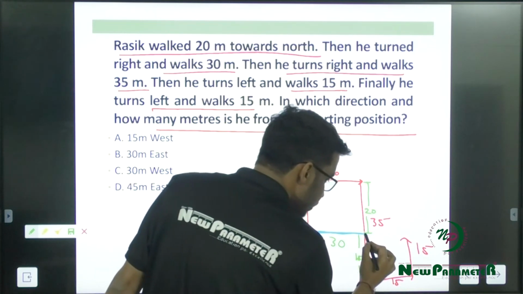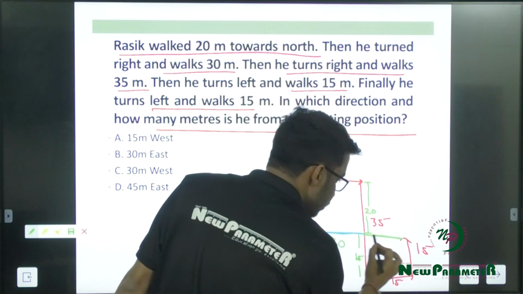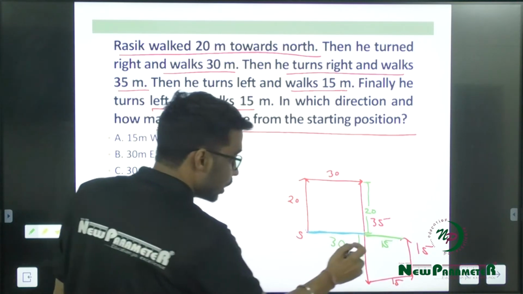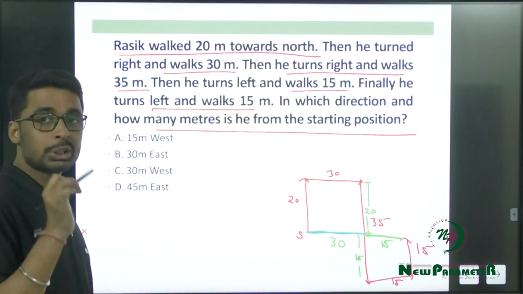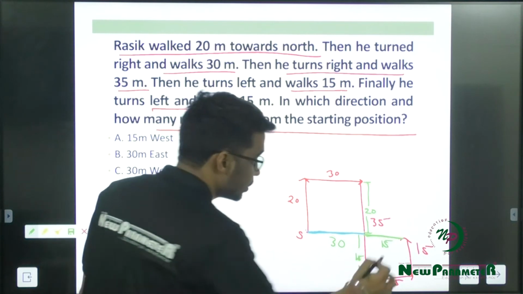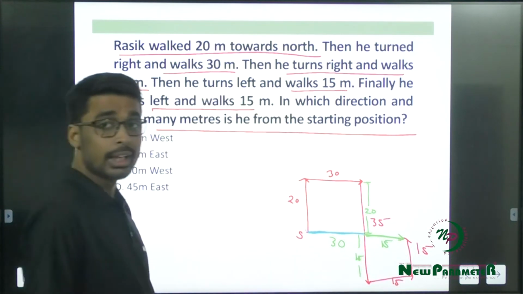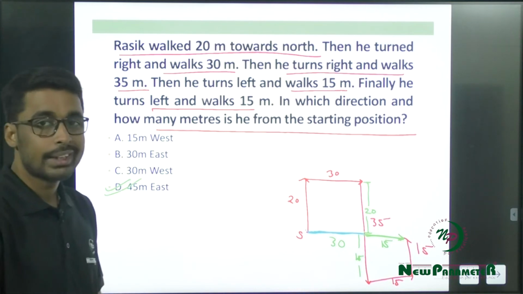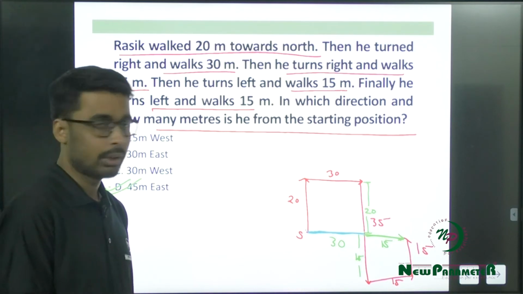That means this particular region would be 15 as well. So 30 plus 15, he is 45 meters apart from his starting point, and this direction is east. So he would be 45 meters towards east from the starting point, right?